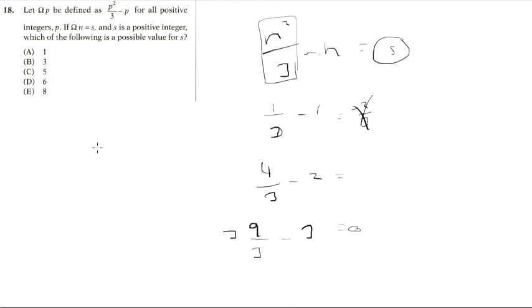But if we say 6, 6 times 6 is 36 divided by 3, which is really 12, minus 6. So we're going to have 6 is the final answer, giving us this. Right? So again, we are finding values of n such that the answer to this thing here is a positive integer.